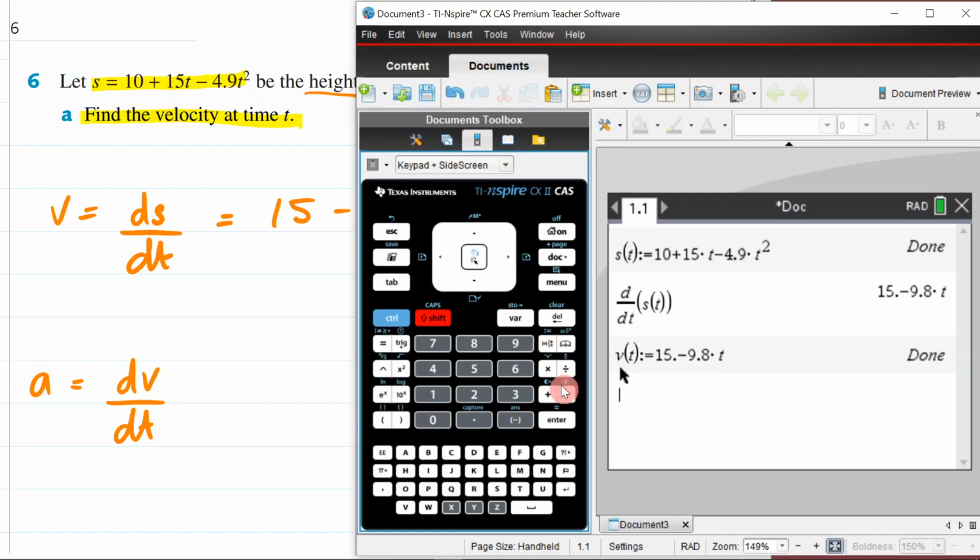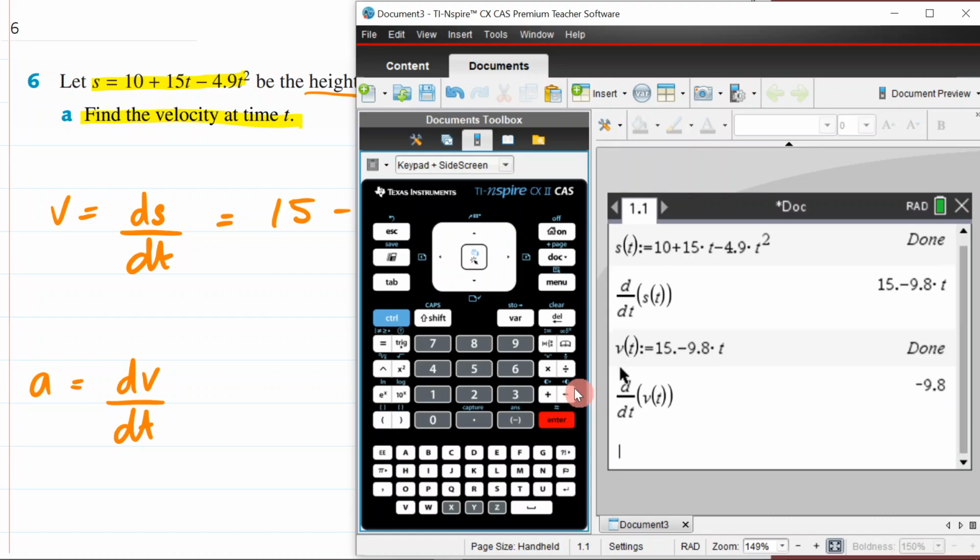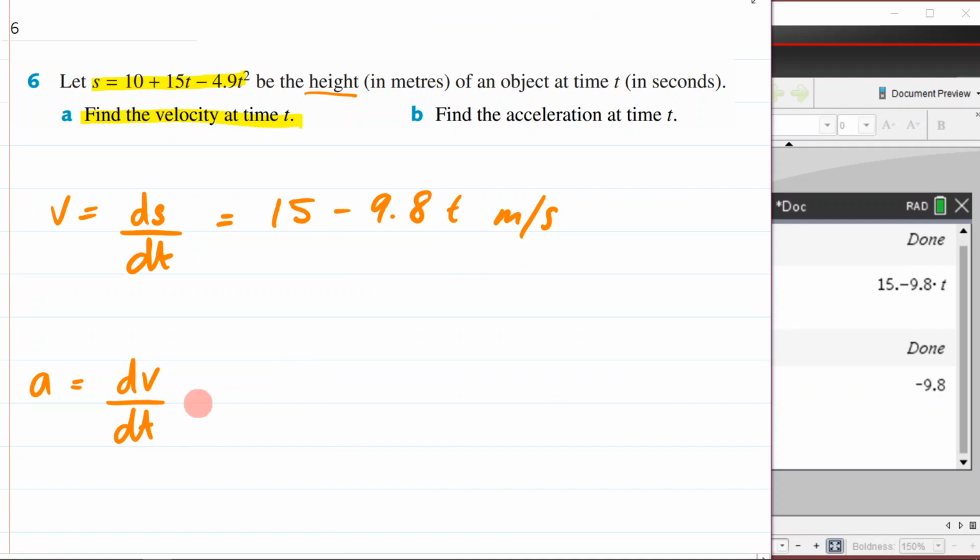Now I'm going to go shift minus, differentiating with respect to t, v of t, and I'm going to get negative 9.8, which is negative 9.8 meters a second squared. And now we're done. We've answered both these questions. We've found the velocity and acceleration at time t.